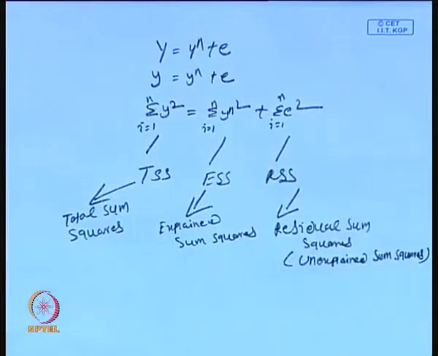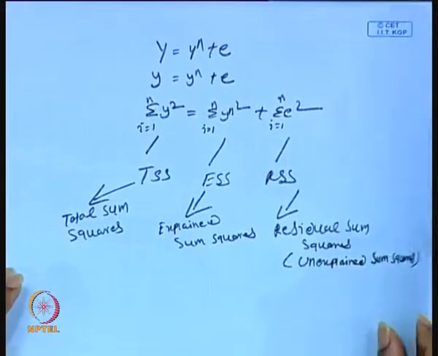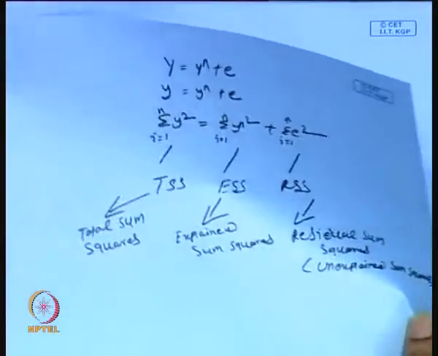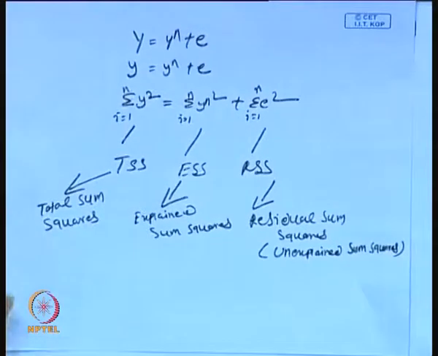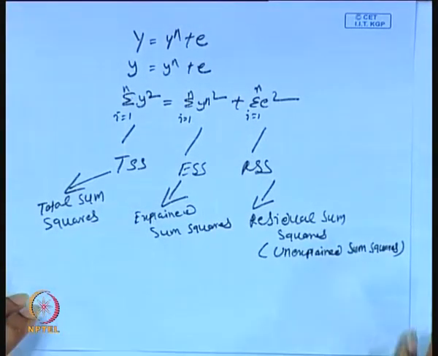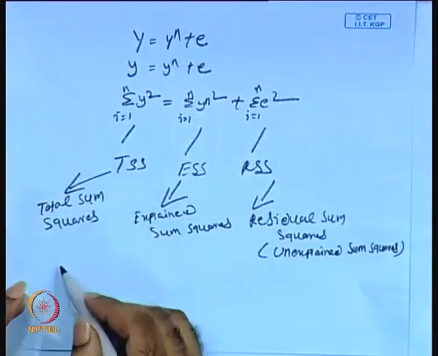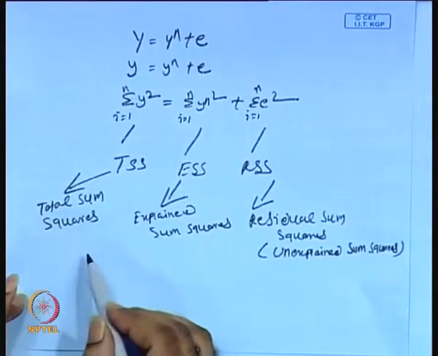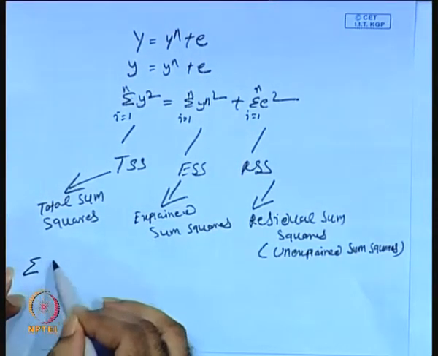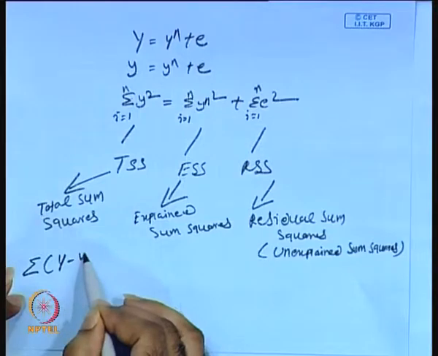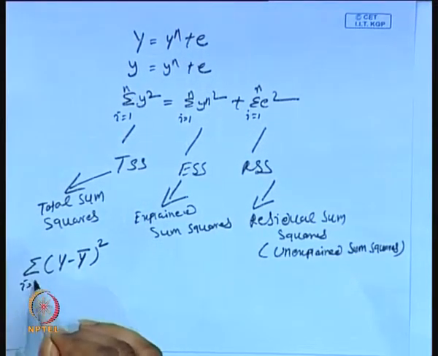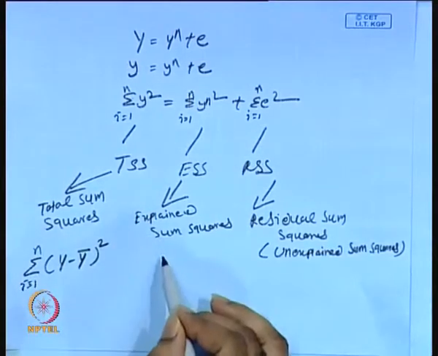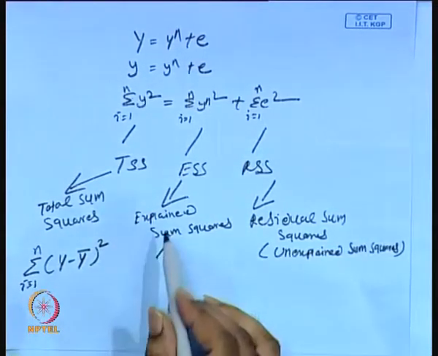Okay, this is otherwise called the unexplained sum of squares. So now, what exactly is this particular term? This is nothing but summation (y - y bar) whole squared, i equal to 1 to n, and this particular term is nothing but y hat squared.